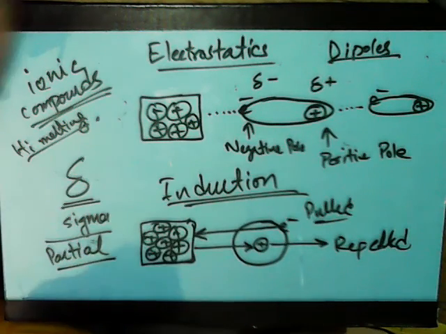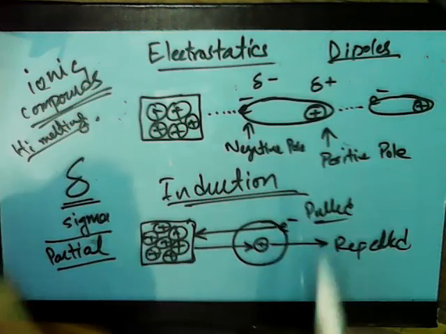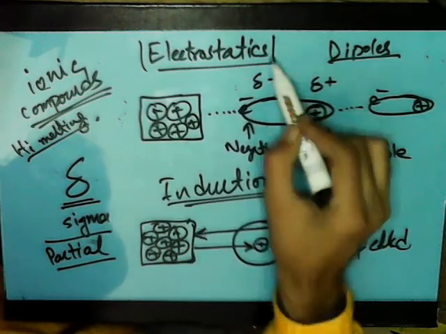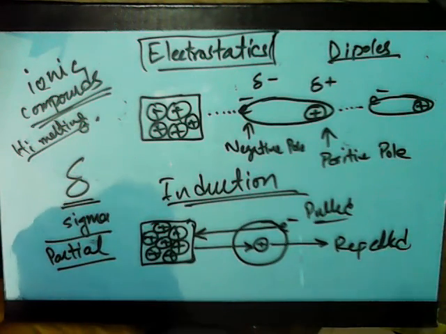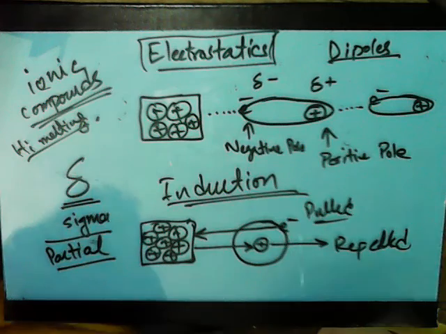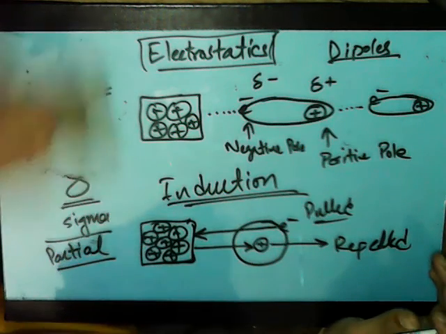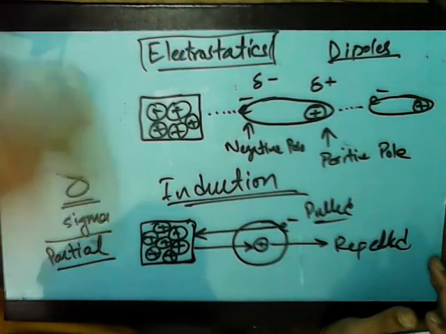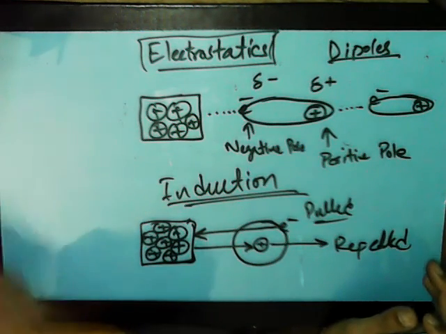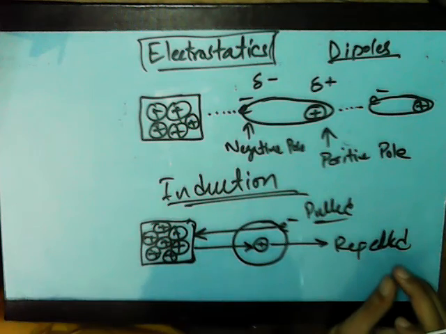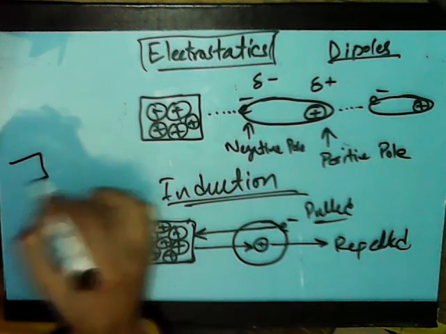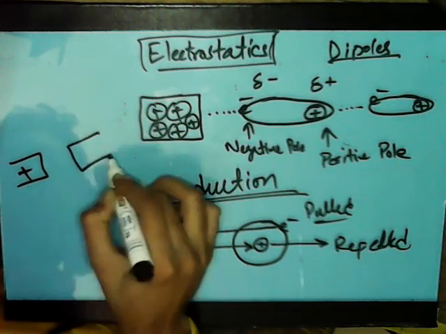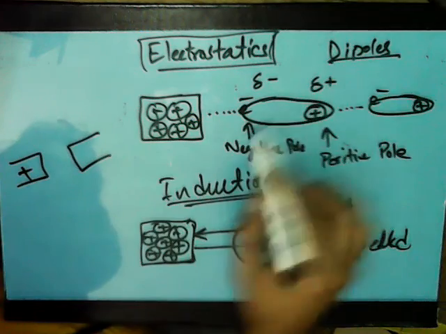So if you're studying ionic forces, consider the fact that now you know electrostatics. That is why you understand ionic compounds a lot better than people who do not incorporate electrostatics with ionic compounds. So we have covered what will happen to the neutral glass. We were discussing that if there is a positively charged glass and there is a neutral one, now we know what is going to happen.